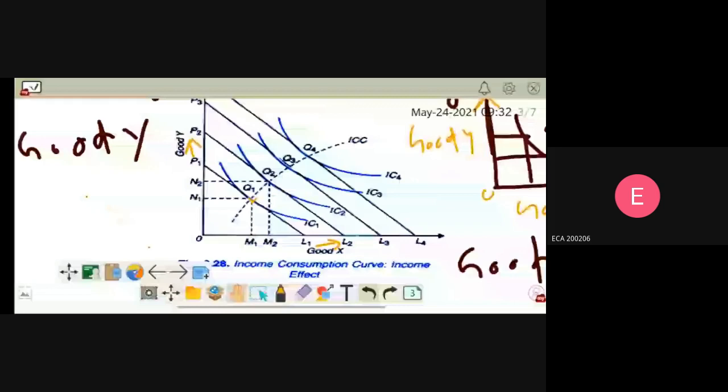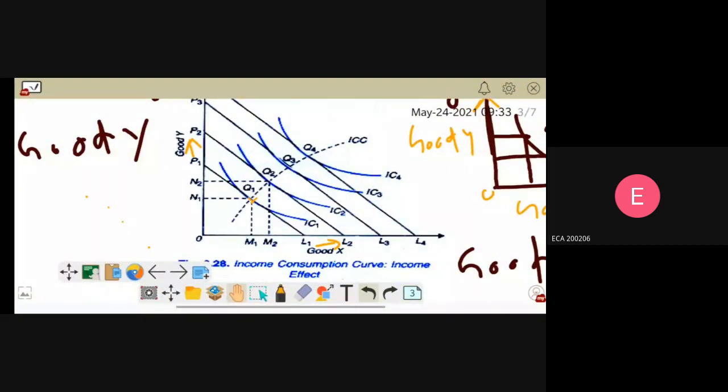The higher indifference curves IC2, IC3 and IC4 represent higher levels of satisfaction. Please do remember, in an indifference map, a higher indifference curve gives the consumer a higher level of satisfaction, and a lower indifference curve gives the consumer a lower level of satisfaction.